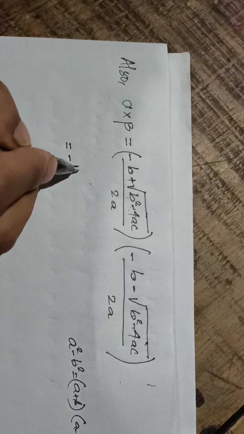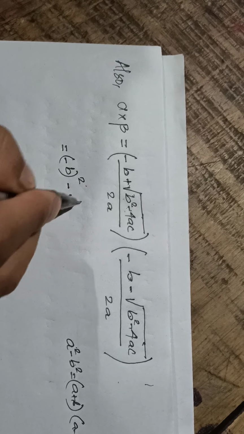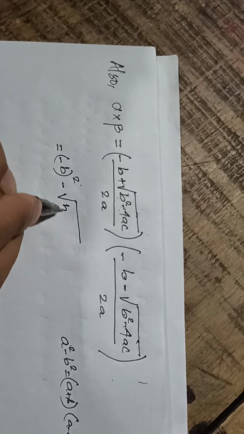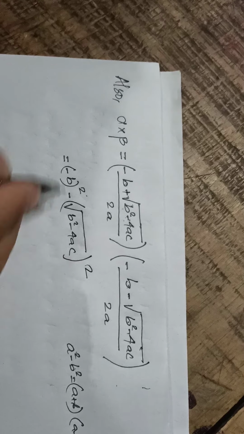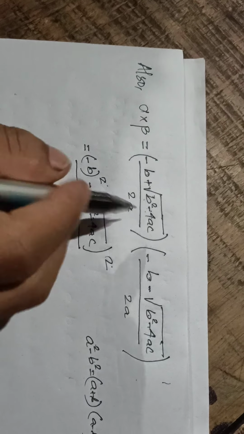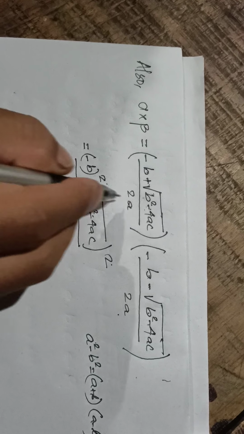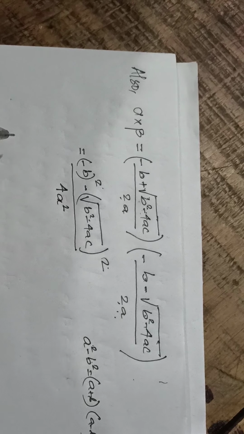Here a is −b, so a² is b², and the b value is √(b² − 4ac), so b² is b² − 4ac. So a² − b² is b² − (b² − 4ac), divided by 2a into 2a, which is 4a².